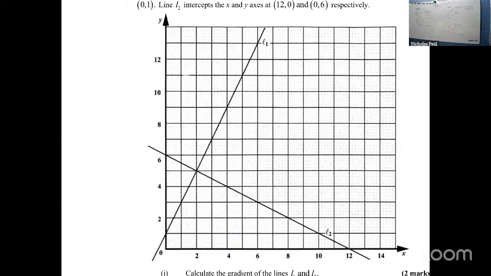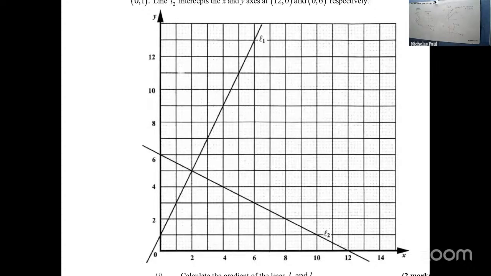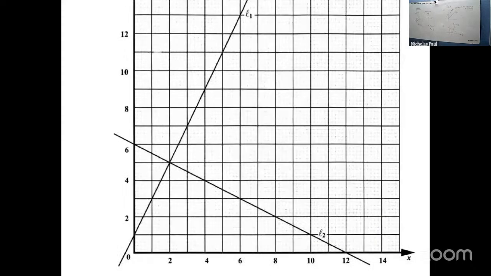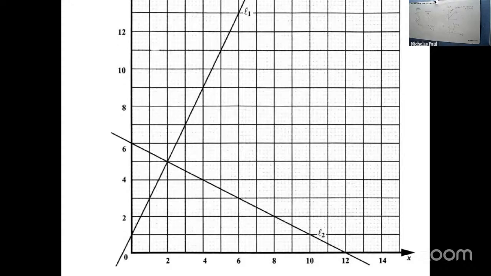They want you to find the gradient of line 1 and line 2. Without working it out, will L1 be a positive or negative gradient?